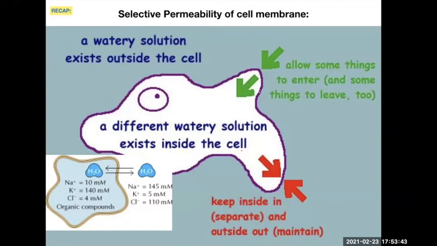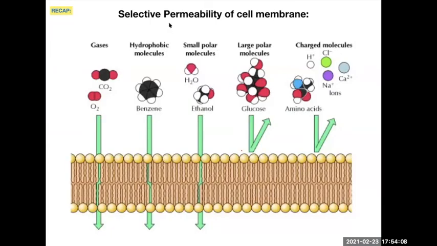Your cell membrane is there to keep your intracellular material in a particular environment. So you're keeping some things outside, you're allowing some things to come in, but not other things, right? So this selective permeability comes in to maintain this gradient of the particular electrolytes.